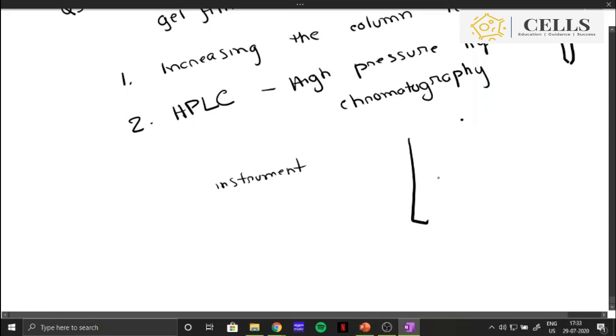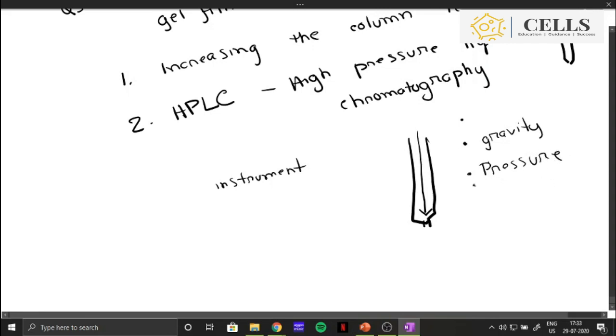The separation that is done in these columns can be due to gravity. These columns are upright, so due to gravity the entire supernatant passes from up to down. Number two, you can use pressure to force the supernatant to pass down.